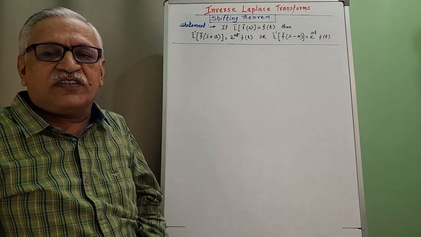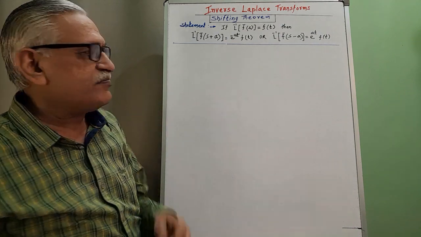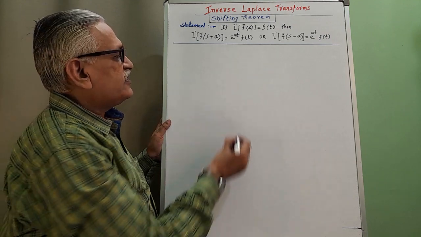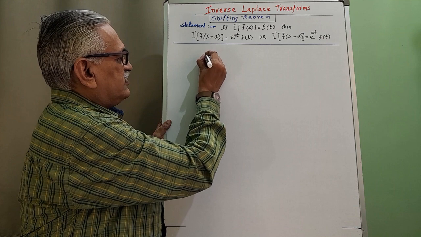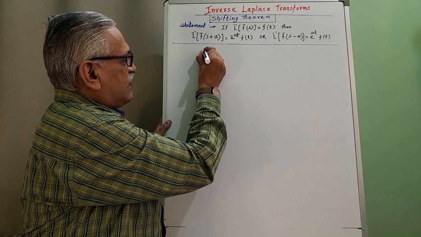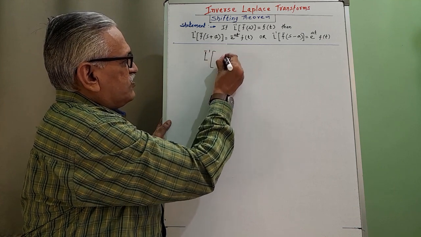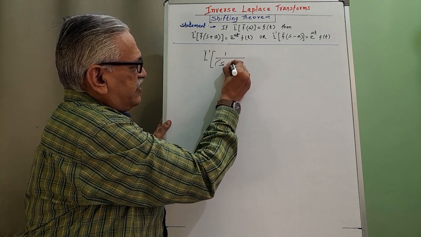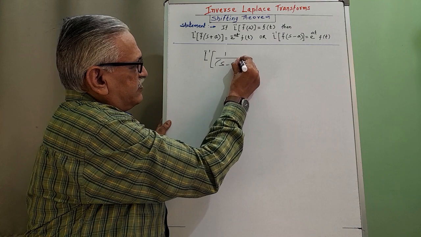Then using this theorem, we try to derive two important results. The first one, inverse Laplace of 1 upon s minus a raised to n.